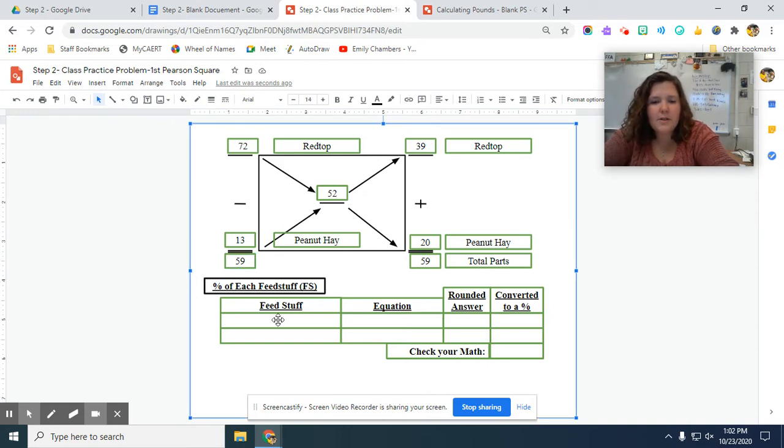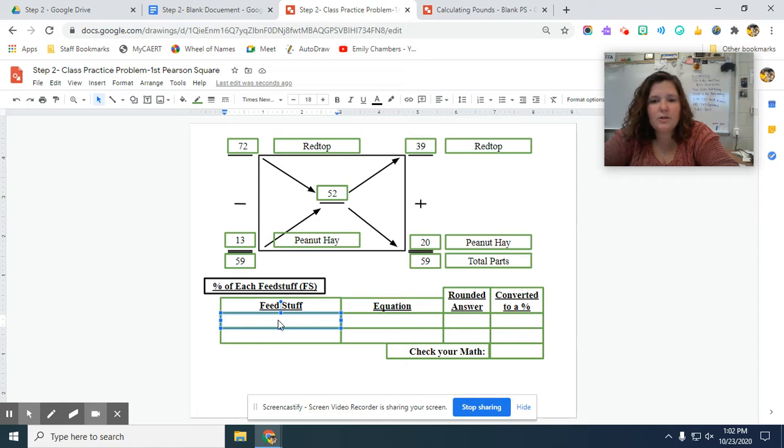Okay. Now we're going to try to figure out our percentage. So when you do percentage, remember we're only talking about the numbers on the right-hand side. The right-hand side is the only numbers we care about. So the first feedstuff that we're going to work with is red top. Our equation is always going to be parts of red top divided by total parts.